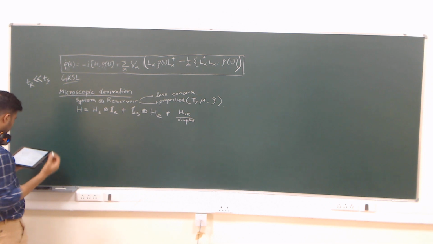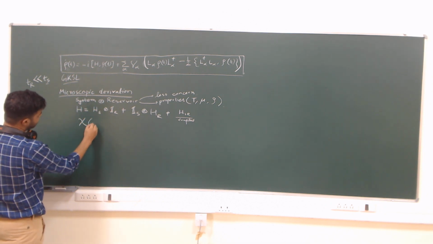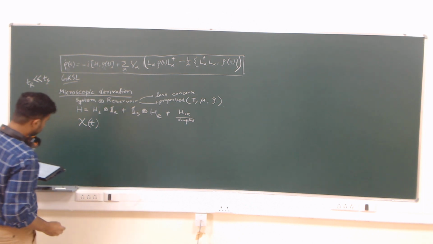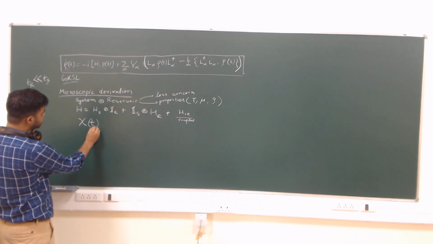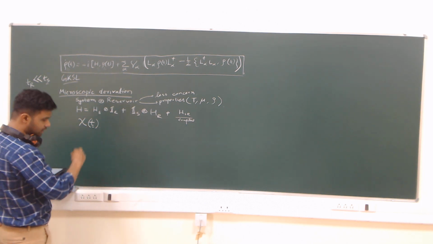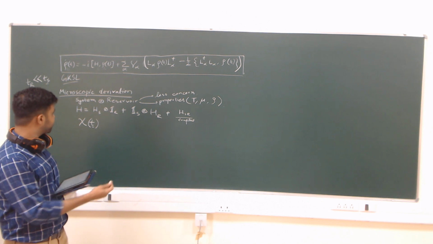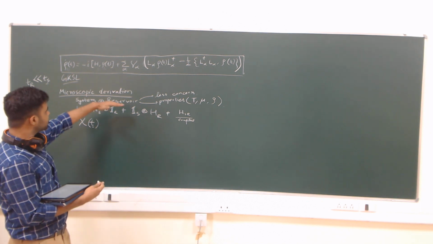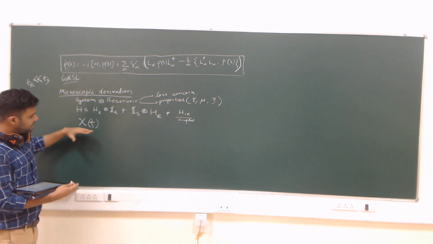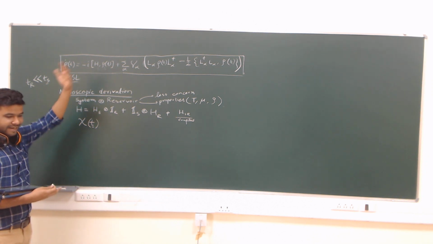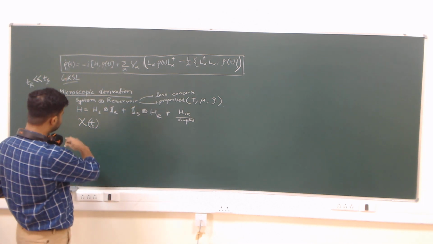Now let's consider the total density matrix at an arbitrary time as chi of t. Of course, at time 0, this density matrix, as we assumed, was a product density matrix. The total system is always in a pure state, but at time 0, that pure state was an unentangled pure state, so there was no coupling between the system and the reservoir.